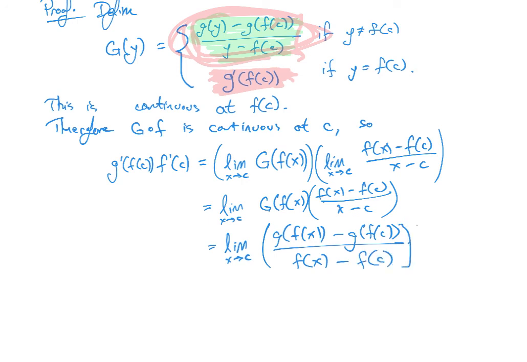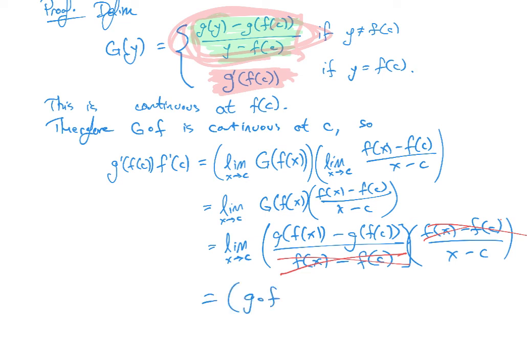And now I'm just going to copy down what we had for the derivative of f. I'm going to cancel two things. And I'm going to finish the proof by observing that that is the definition of the derivative of g of f of x at c.